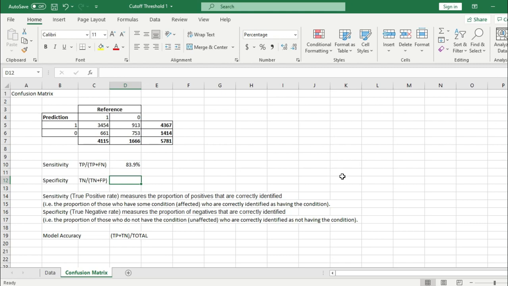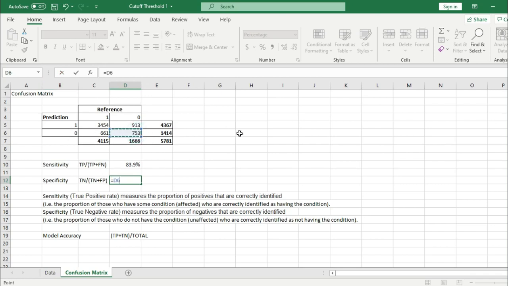Let's see the specificity, which is the true negative rate. This measures the proportion of negatives that are correctly identified, namely the proportion of those who do not have the condition who are correctly identified as not having the condition. Let's see what is the specificity of our model given the cutoff threshold that we computed. That will be the true negative, the 0 and 0.